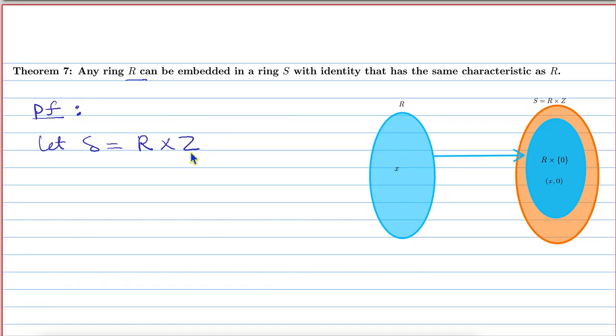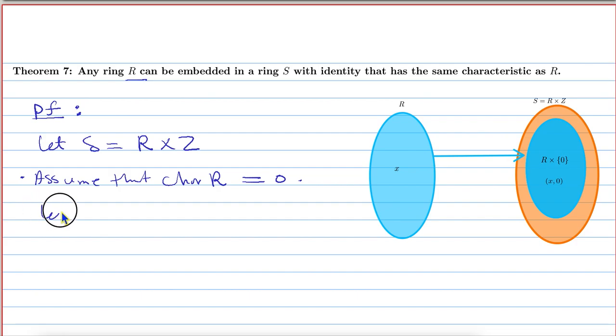Okay, so assume first that the characteristic of R is 0. Now we want to see if the characteristic of S is also going to be 0.